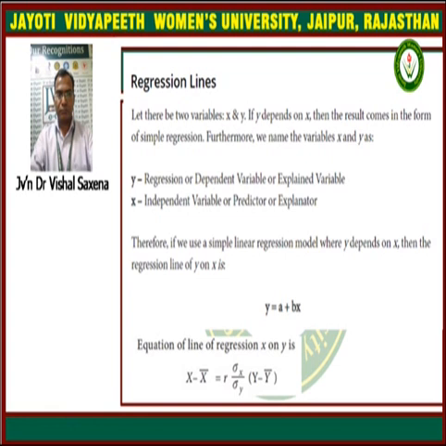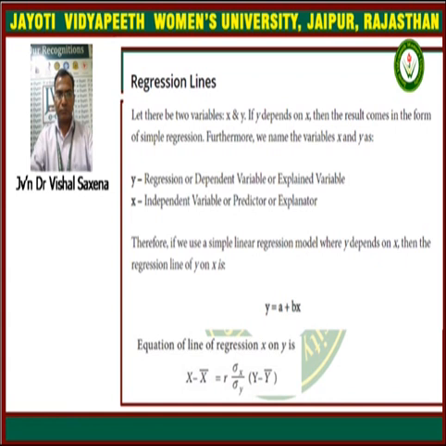The equation of the regression line of x on y is shown at the bottom: x minus x bar is equal to r into sigma x upon sigma y into y minus y bar.